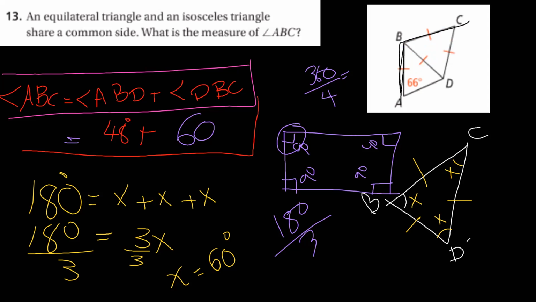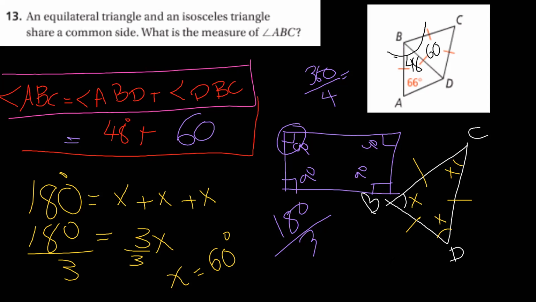Thank you. I want now the measurement of the big angle here, which is ABC. As I told you, it is a summation of ABD plus DBC. ABD we found as 48, and DBC here is 60.